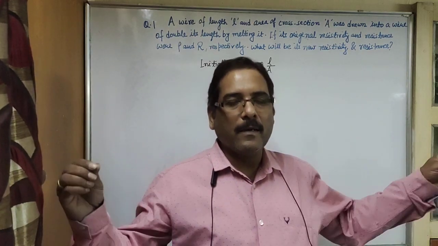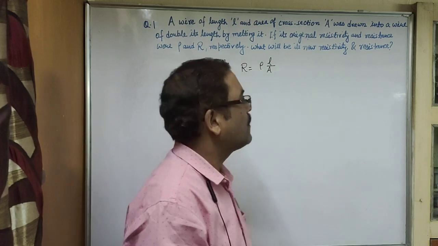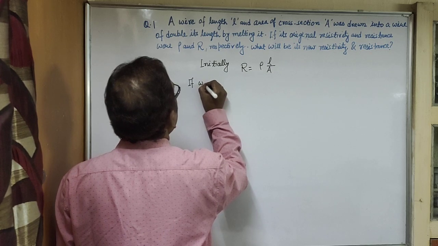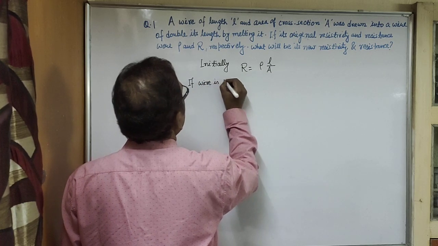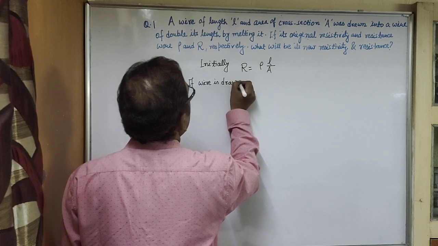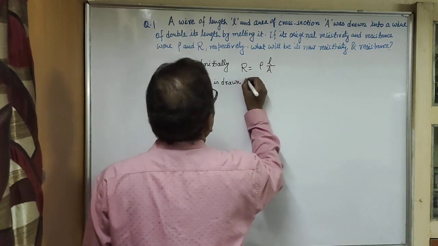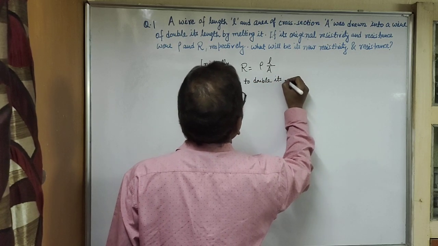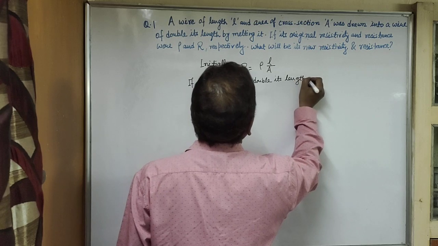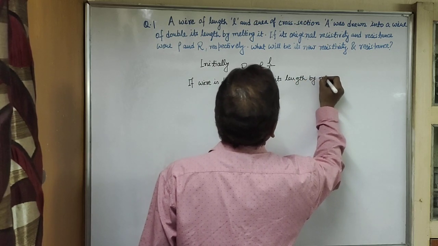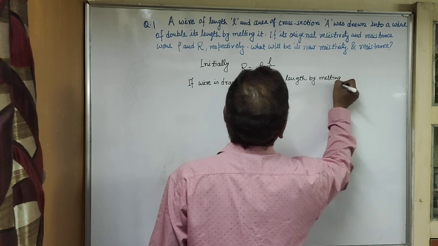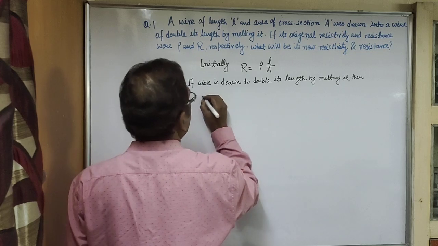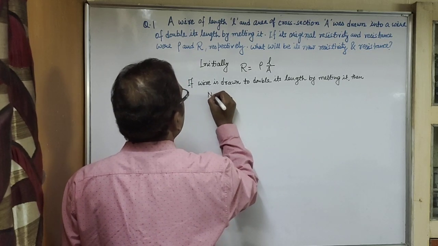So if the wire is drawn to double its length by melting it, then the new length will be how much?